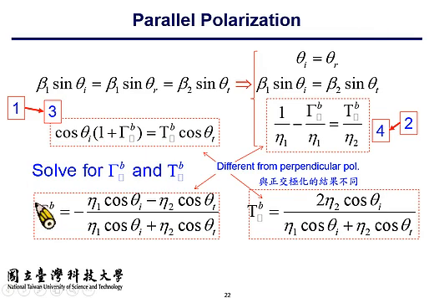Right? For the reflection coefficient, you have some summation in the denominator and some subtraction in the numerator, and they are in a similar format to what you have for the transmission coefficient.